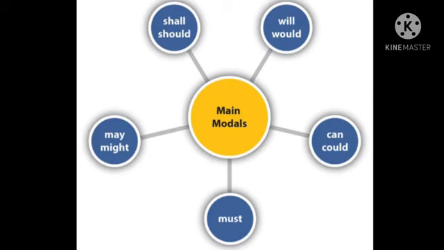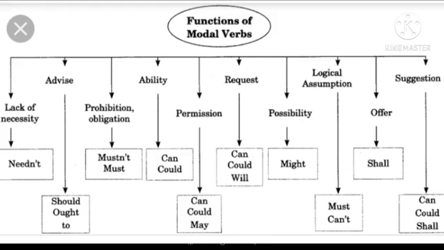So these are the main modals: will, would, shall, should, may, might, can, could, must. And need, dare, used to, and ought to are called the semi-modals or the marginal auxiliary verbs.